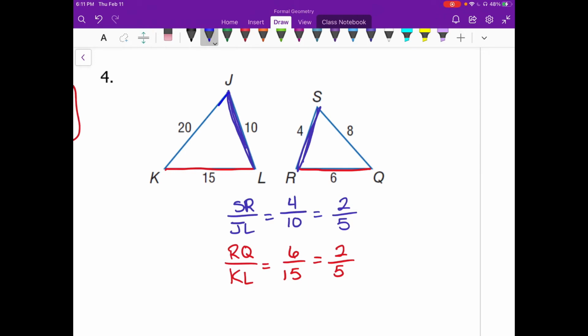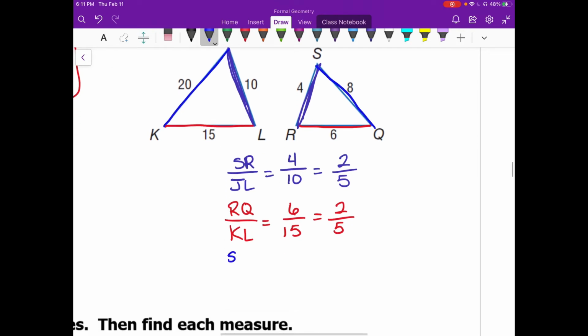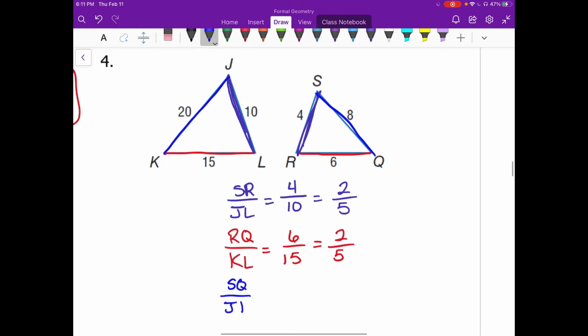And the last one is JK and SQ. So my proportion is going to be SQ over JK. So SQ was 8 over JK, which is 20. Those are both divisible by 4, so I get 2 over 5.